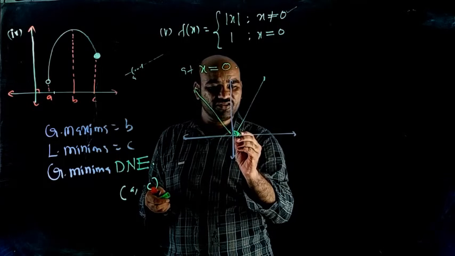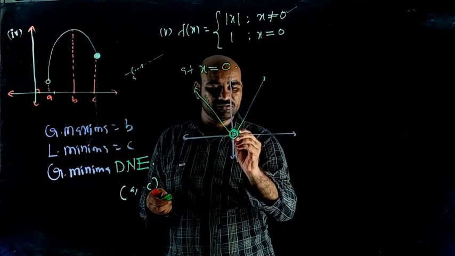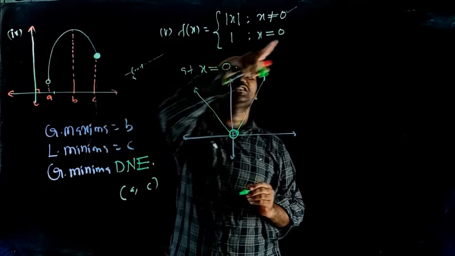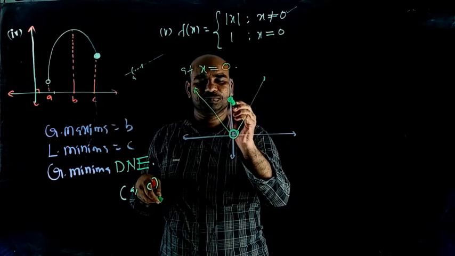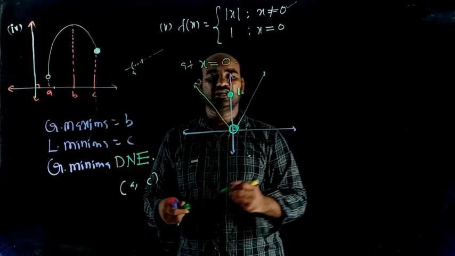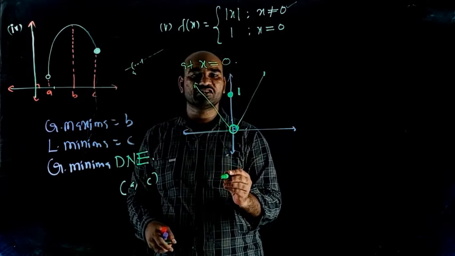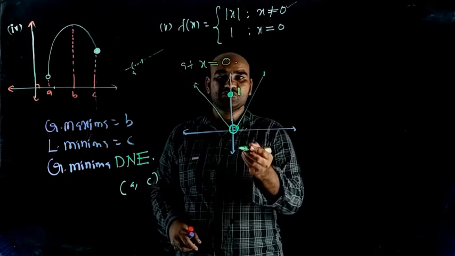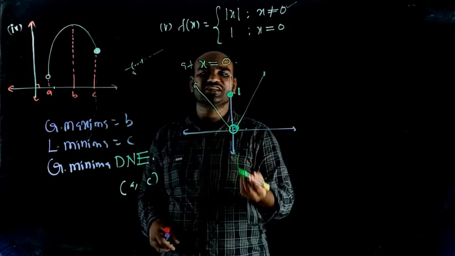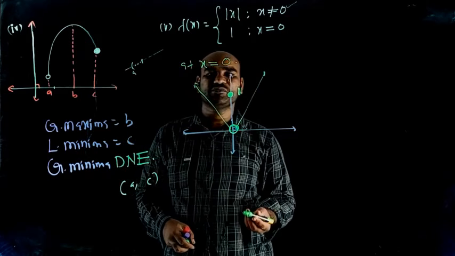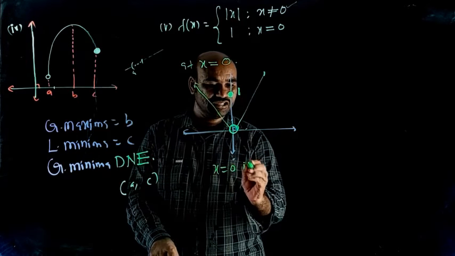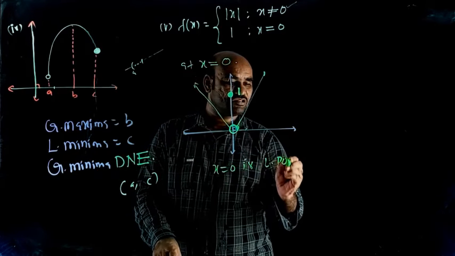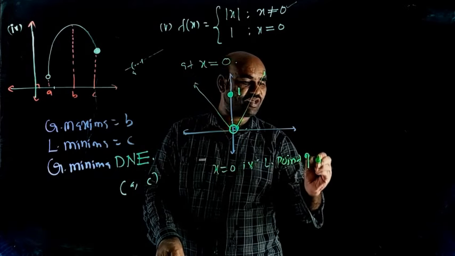It means that at 0 the function has a hole. If x equal 0, then y is 1 here. This is the graph of the function. Simply observing the graph, you can say that x equal to 0 is the point of local maxima.